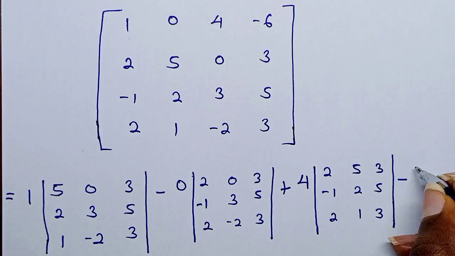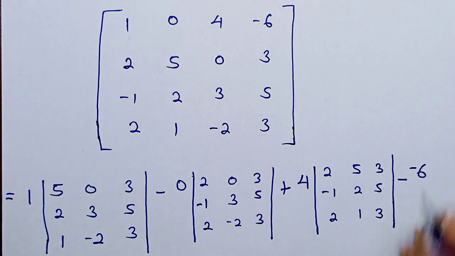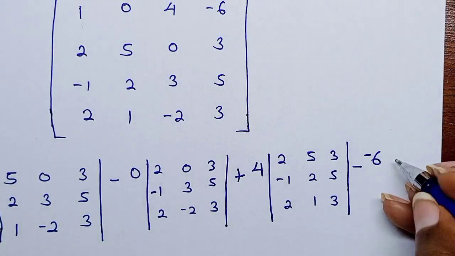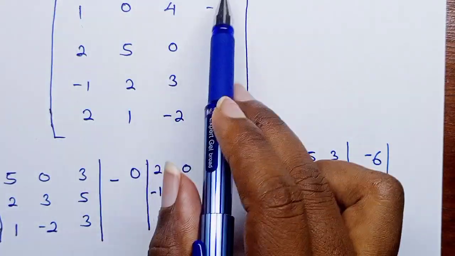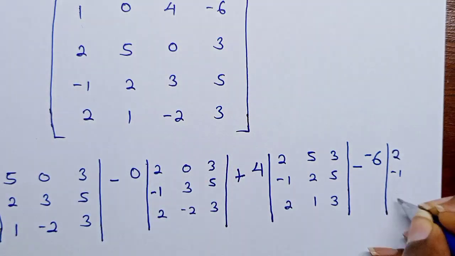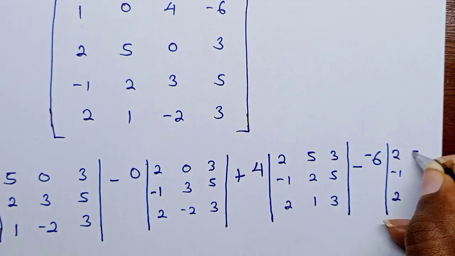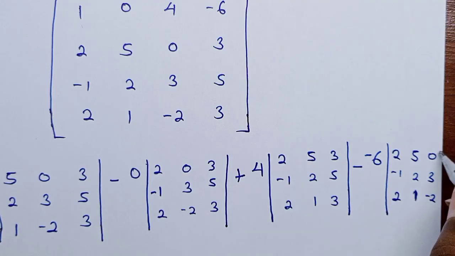Okay, so this is plus, minus, plus, then the last one is minus. So it would be minus, but since it's negative, it would be minus -6, times its minor. When you cancel this row and this column, you'd be left with 2, -1, 2, 5, 2, 1, 0, 3, -2.